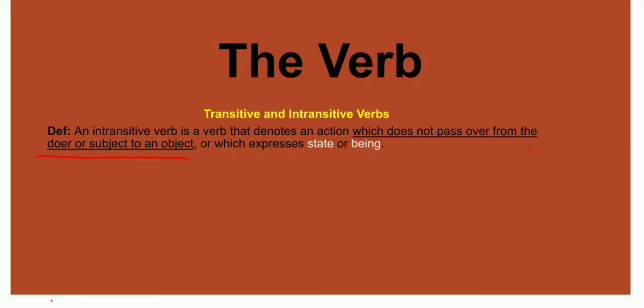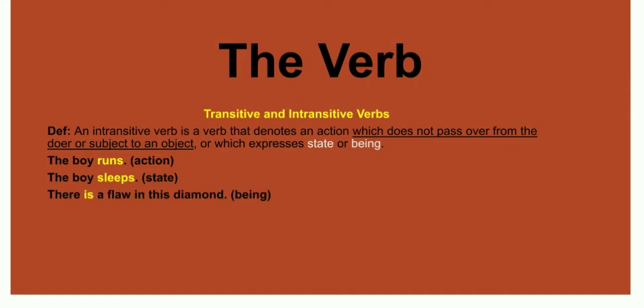We have the example, the boy runs. Now runs is an intransitive verb, and it is complete in its meaning, showing an action. Second, we have the example, the boy sleeps. Sleep is a state, and it gives the complete sense without needing an object.